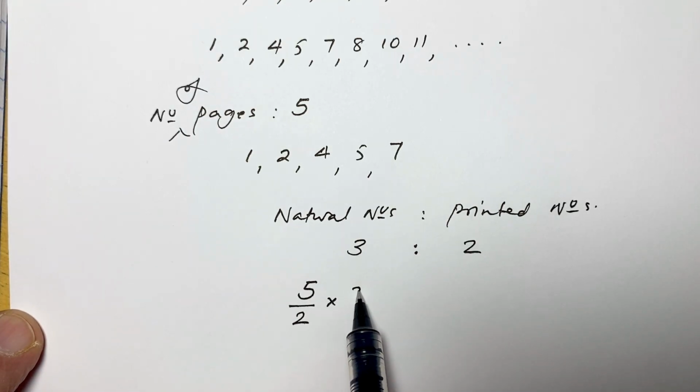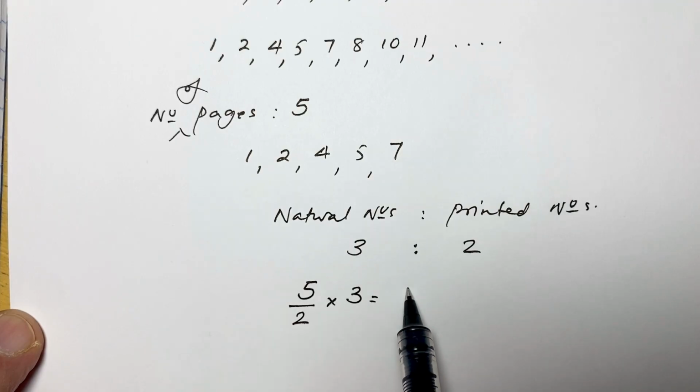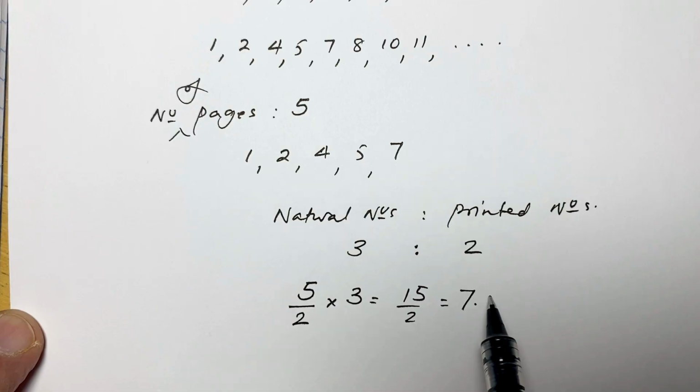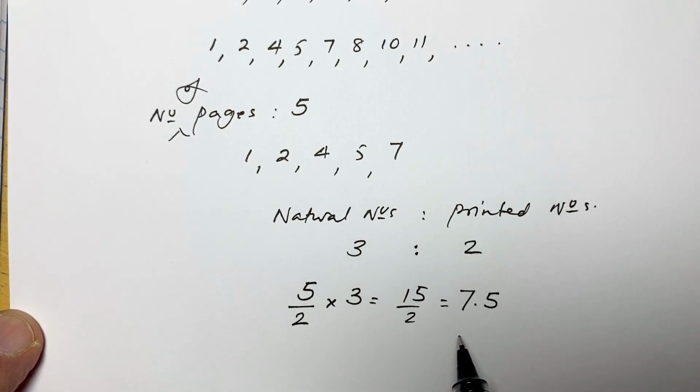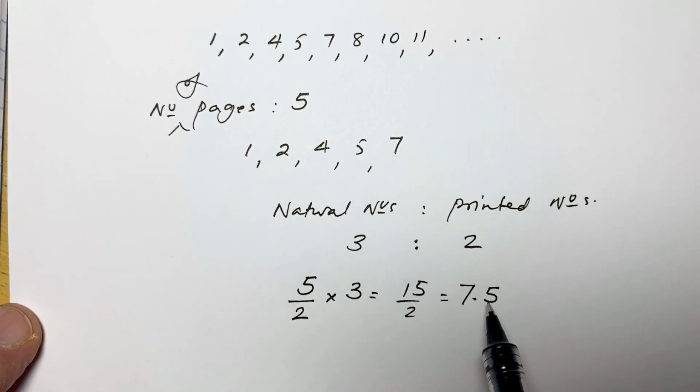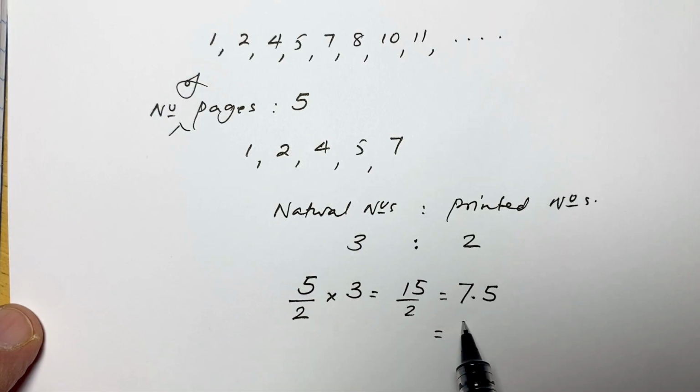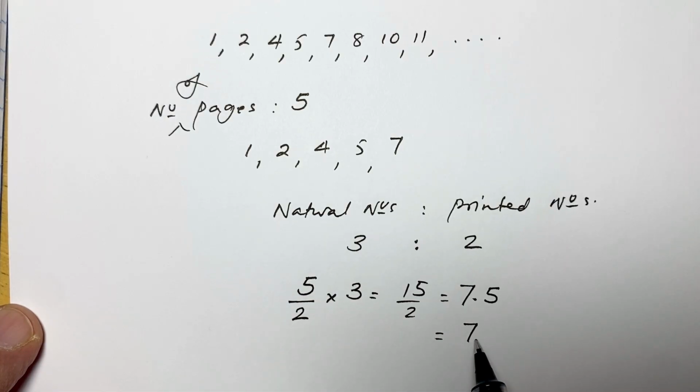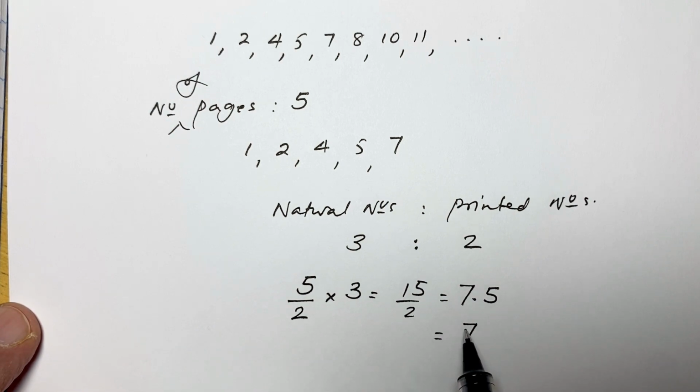So times that by 3, and that would give me 15 over 2, which is 7.5. Since I can't have half a page, my answer would be 7. So the 5th page will have number 7 appearing on it.